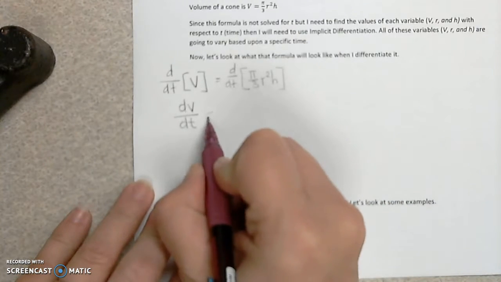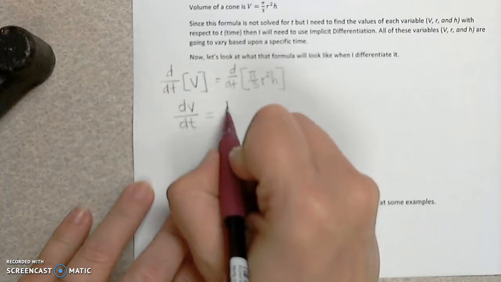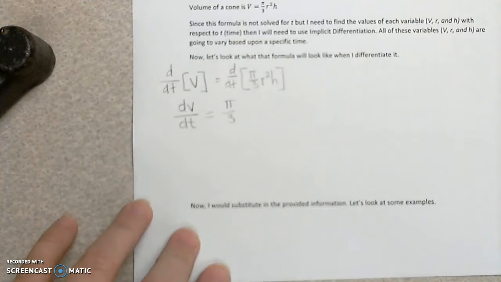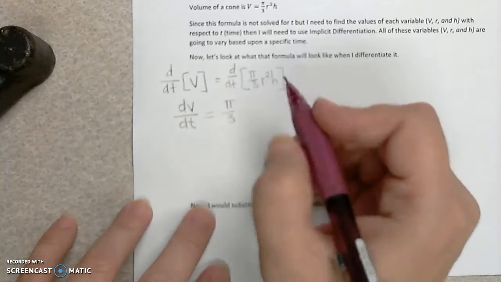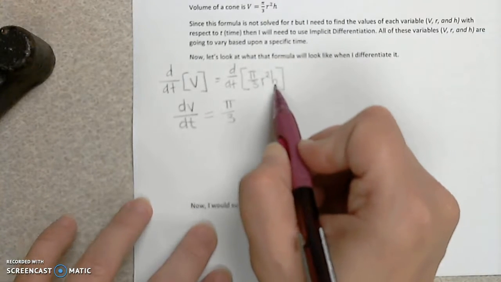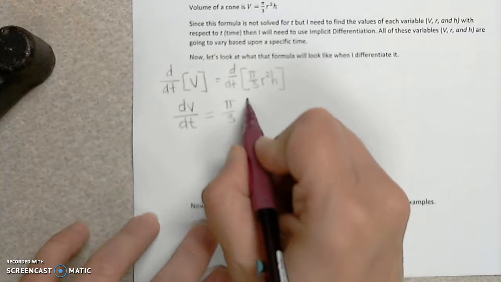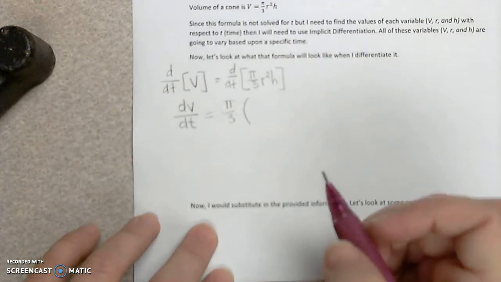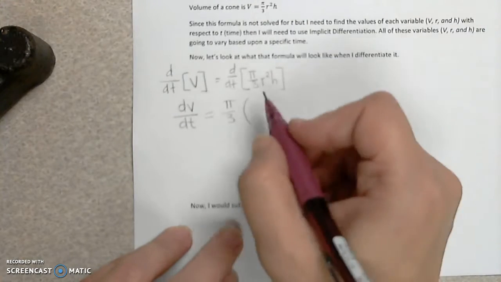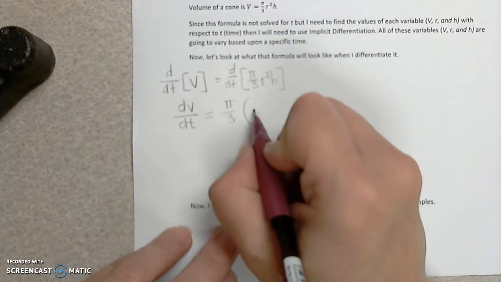On the right side, I'm going to pull out that pi over 3 and then take the derivative of the inner part. So I'm going to take the derivative of r squared h. I'm going to put it in parentheses so maybe you can see what I'm doing. This is a product, and you can do it either way here.